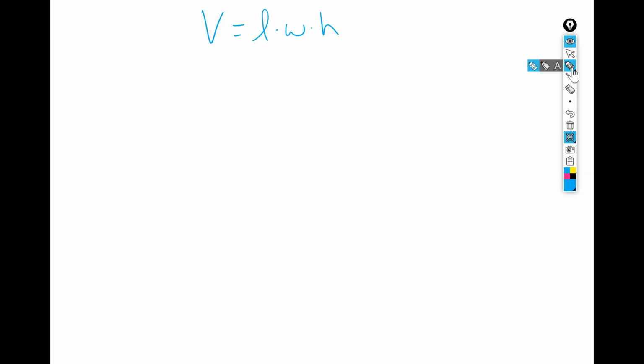It says that the volume needs to be 450 cubic inches and the area of the base, which is length times width, needs to be 75 inches squared.